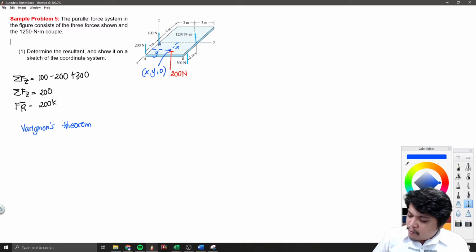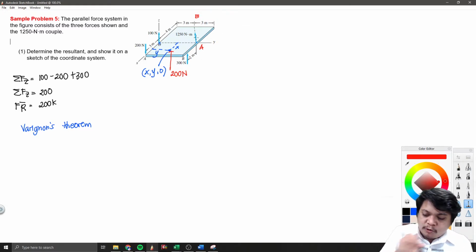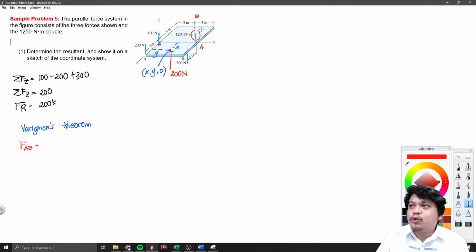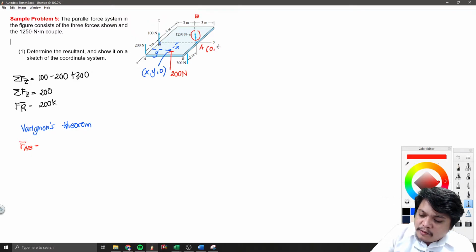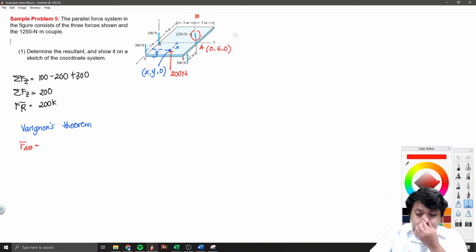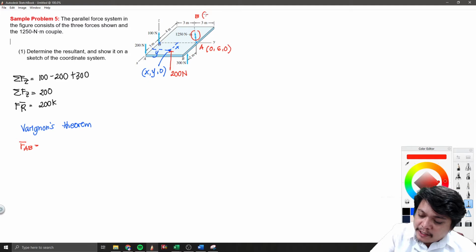Pwede mong gawin, kasi ito, okay. Tawagin ko tong point A and then point B. Okay, so kukunin natin si R AB. Kailangan kasi mailagay ko to into rectangular form. So si A mo, that is 0, then 6, and then 0, and then si B mo, you have your negative 4, 3, and then 0.